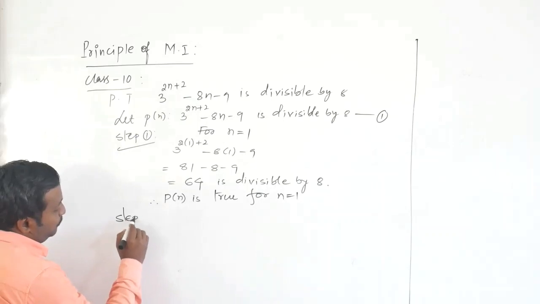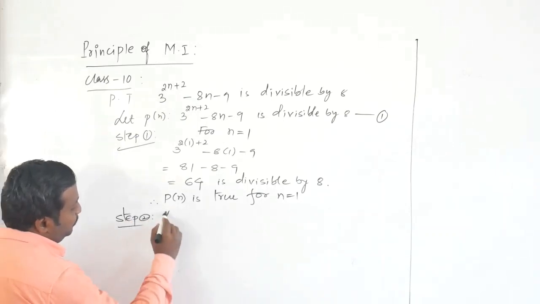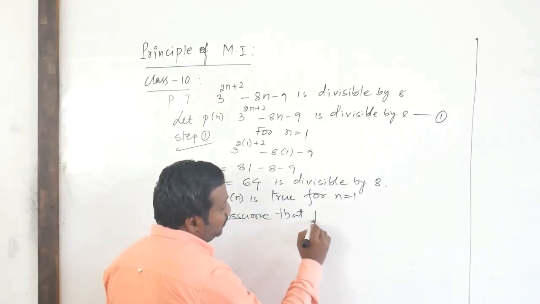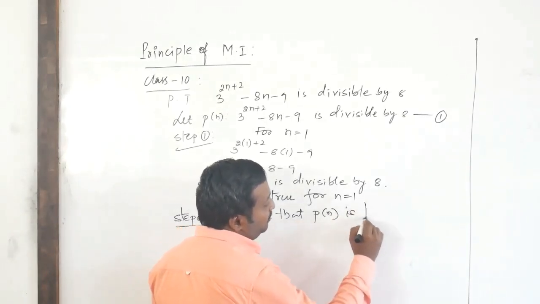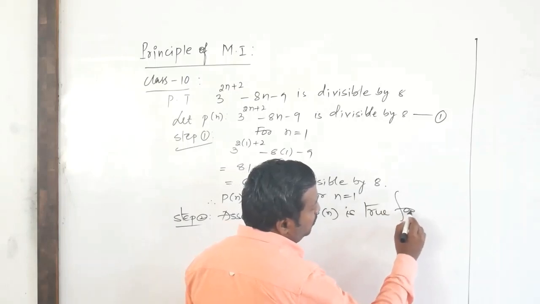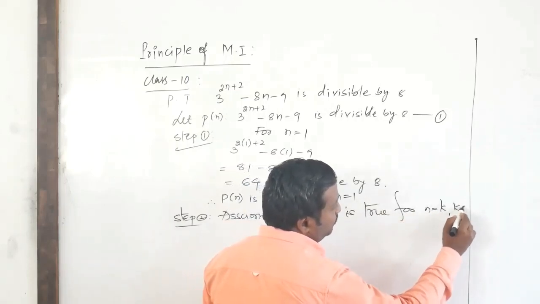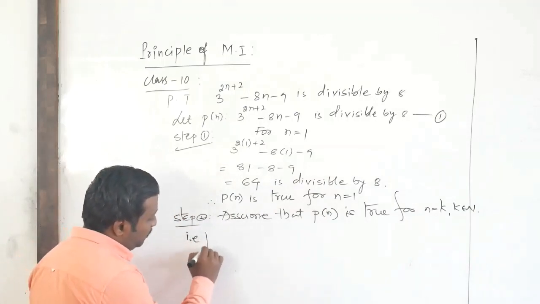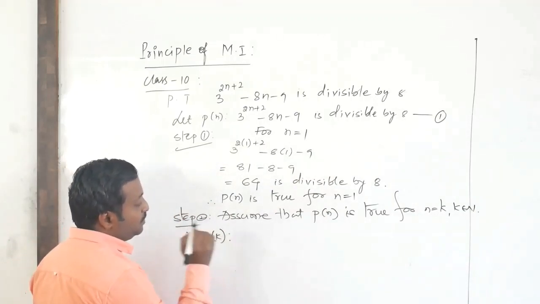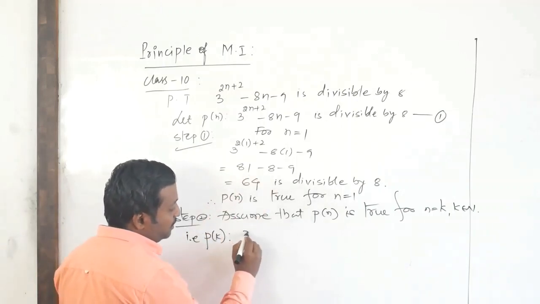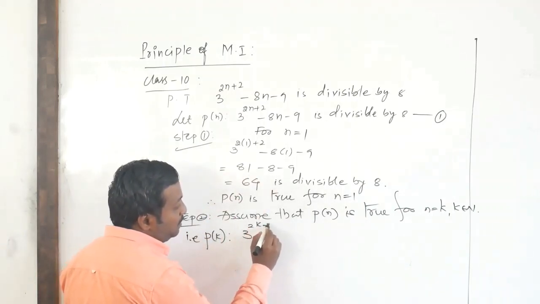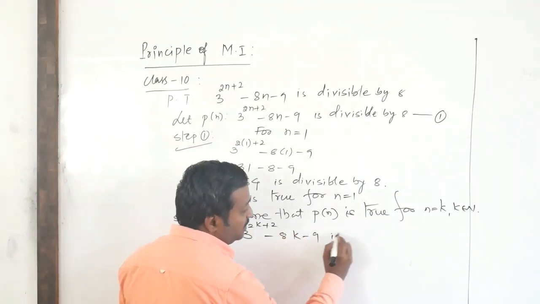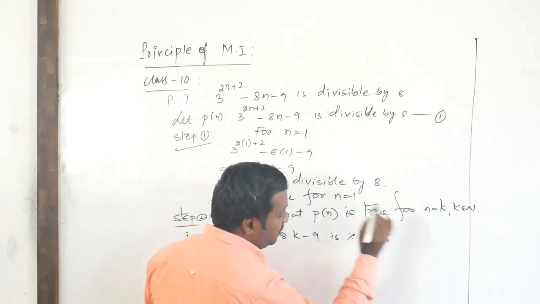Next, step 2. We have to assume that P of n is true for n equal to k. That is, P of k: 3 raised to 2k plus 2 minus 8k minus 9 is divisible by 8.